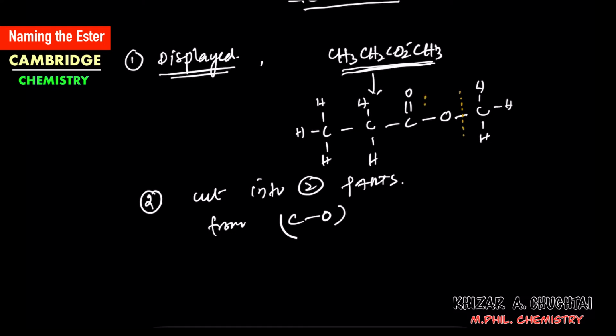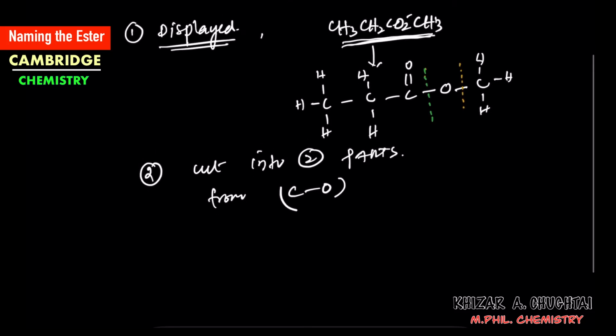I'm going to highlight them with blue and green color. So we are supposed to cut this molecule into 2 portions, cutting from C single bond O.